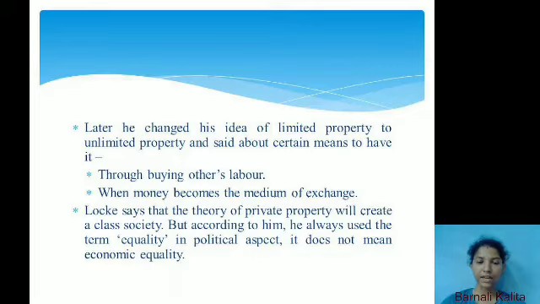The second way through which one can acquire unlimited property is when money becomes the medium of exchange. Locke has already mentioned that the spoilage limitation is the second limitation on the acquisition of private property. But when money becomes the medium of exchange, then this spoilage limitation can be refuted, because money is such a thing which never spoils.